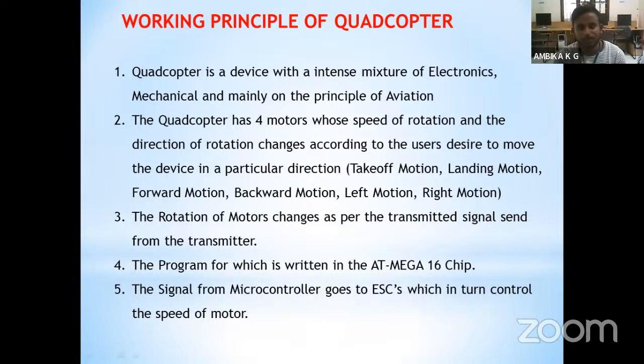My teammate explained about the quadcopter drone, I mean, what are the materials required for the quadcopter drone. So I am explaining the working principle of the quadcopter. A quadcopter is a device with a mixture of electronic and mechanical parts, and mainly works on the principle of aviation.